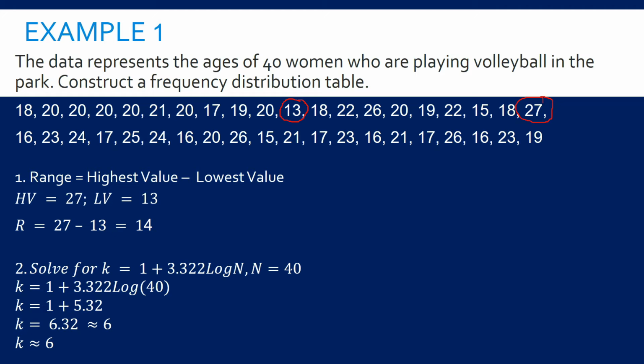To operate this, I entered log 40 in the calculator first, then multiplied it by 3.322, and I got a value of 5.32, plus 1. So I have here 6.32, and I round it off to the nearest whole number. I have here 6. So we are about to make 6 class intervals.